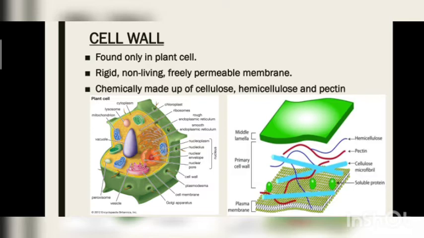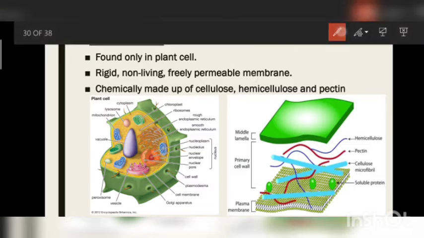Now, what is it chemically? Chemically, the cell wall is made up of cellulose, hemicellulose, and pectin. Cellulose is a complex carbohydrate which forms them.